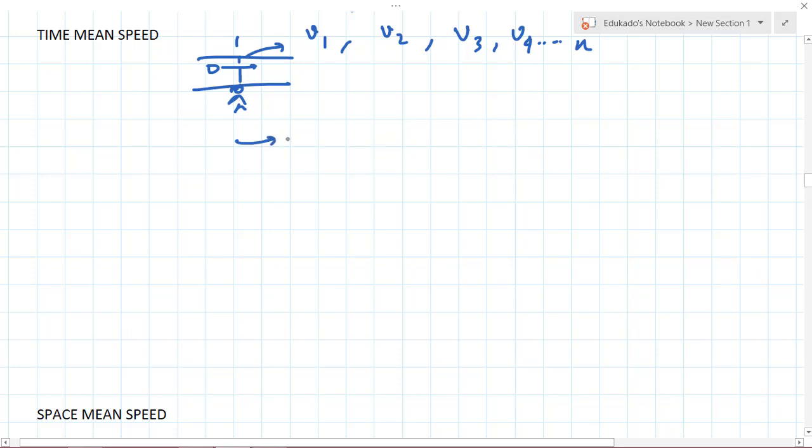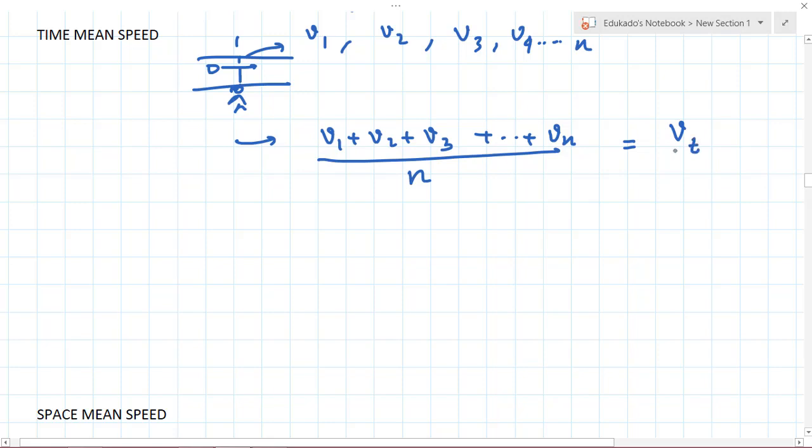If you calculate the mean of all these speeds, it is v1 plus v2 plus v3 till vn, divided by the number of these speeds that we are using, n. This is known as Vt, the time mean speed.